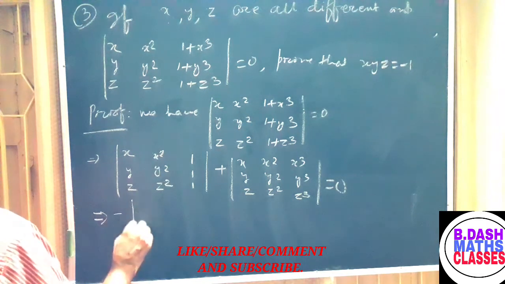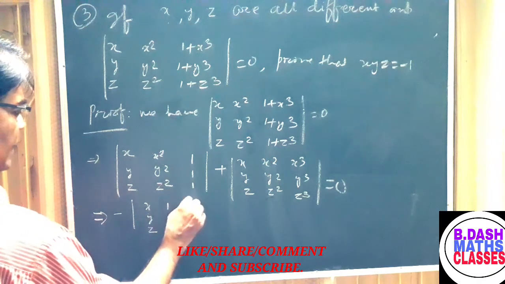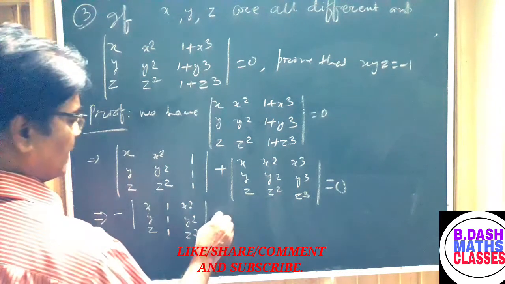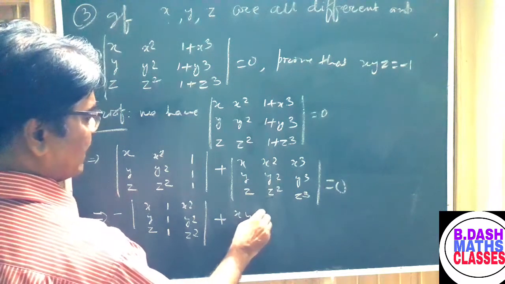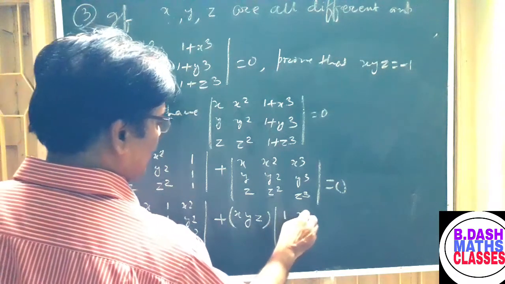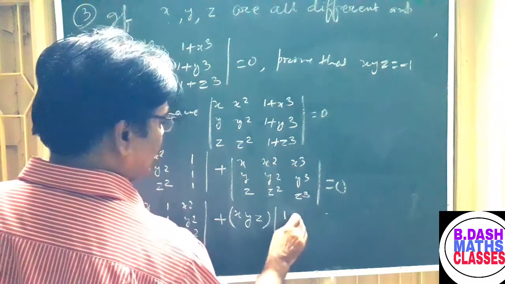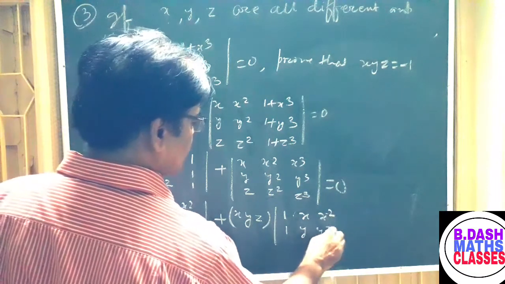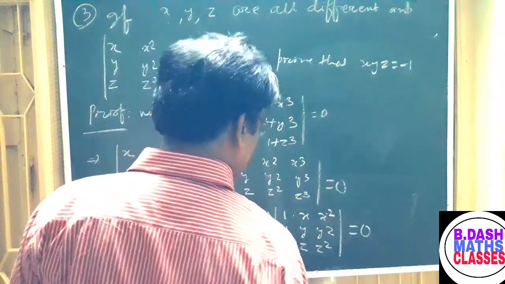So we'll get minus of x, y, z, 1, 1, 1, x square, y square, z square. And here let us take x common from the first row, y common from the second row, z common from the third row. We'll get 1, x square, 1, y square, 1, z square is equal to 0.